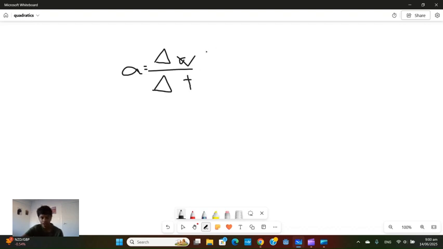V here is velocity and t here is time. Now this is delta, meaning change. So that's acceleration. Acceleration is when you're changing speed, going faster. And if you're becoming slower, then that is not deceleration. It's better if you call it a negative acceleration.